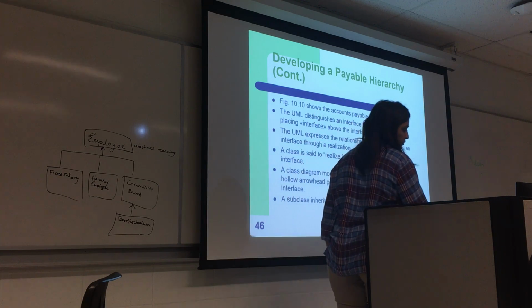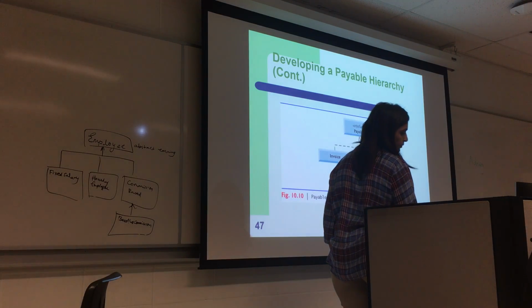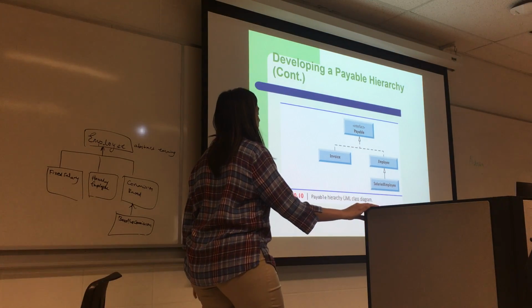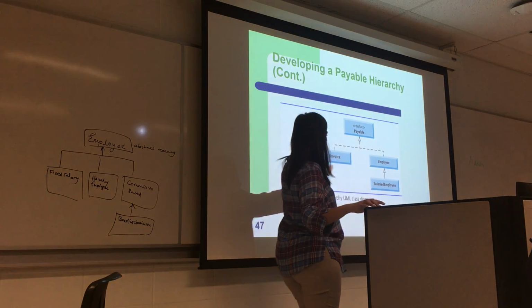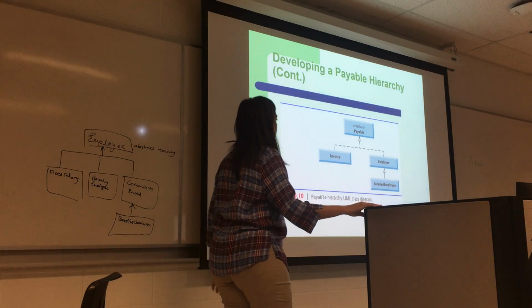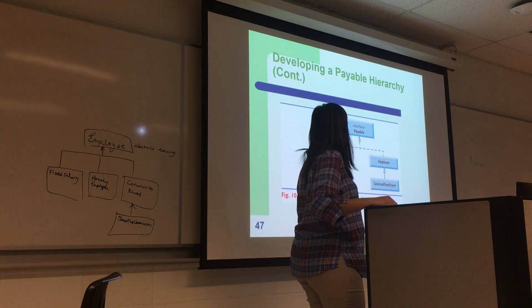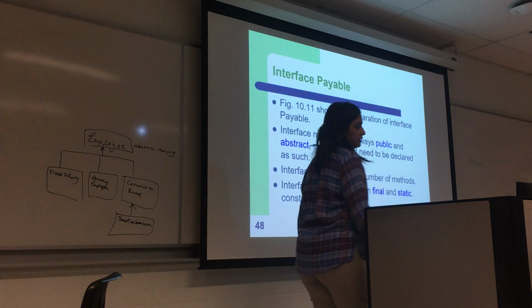This is modeled as a dashed arrow with a hollow arrowhead pointing from the implementing class to the interface. Now this is the hierarchy that is used. There is this payable interface, and there is employee and invoice. And employee is an abstract class, and invoice is a class that is implementing the payable interface.